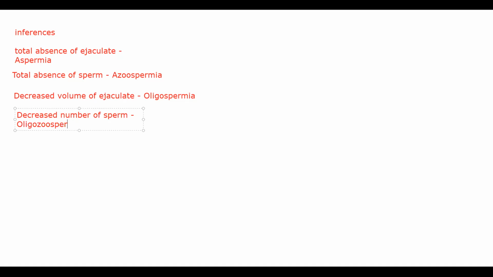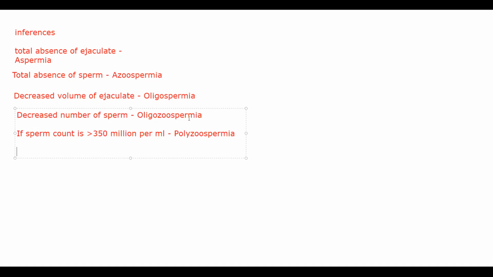Then if there is above 350 million, if sperm count is greater than 350 million per ml, this will be polyzoospermia.